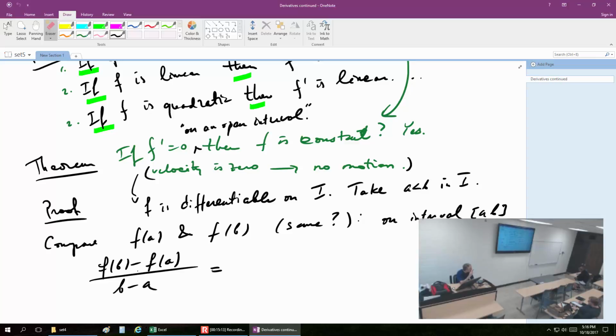If you don't remember, what is the geometrical meaning of the fraction? No, it's not the derivative quite yet.